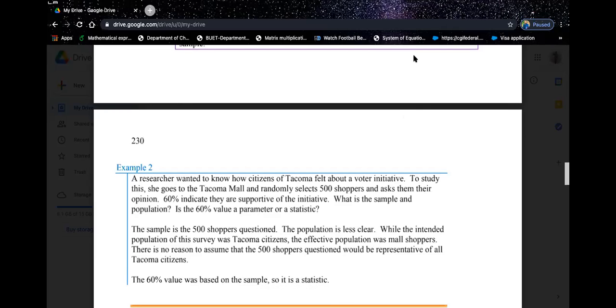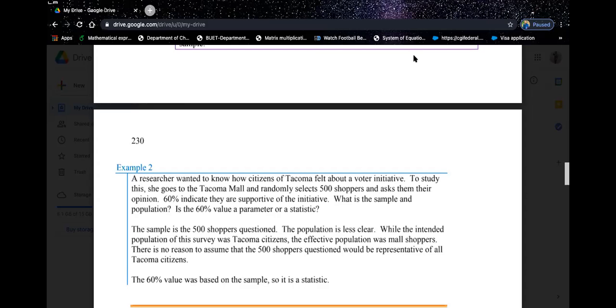So straight away, you should say that this 60% is this a parameter or a statistic? Just remember the definition. If you get a value from the sample, it's called the statistic, right? So is this 60% a parameter or a statistic?